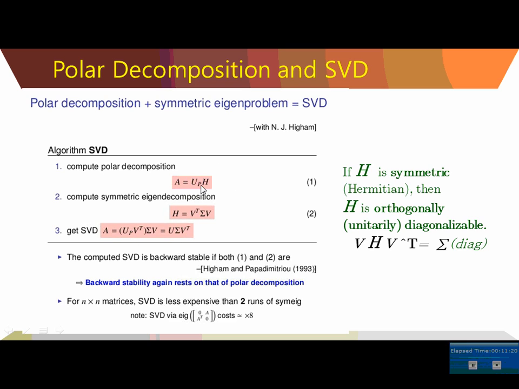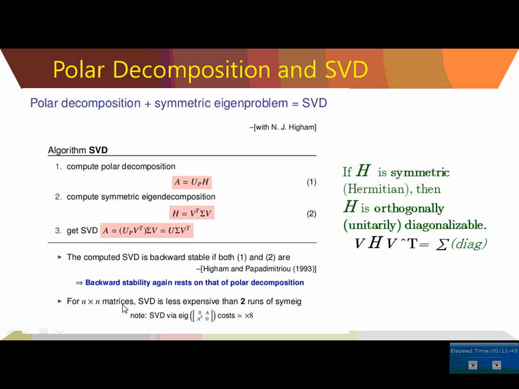So if we have a polar decomposition with the symmetric matrix, then the singular value decomposition can be found easily from there. So we don't have to go through the usual route. There is an alternative way. And the computed singular value decomposition is backward stable if both steps 1 and 2 are stable. These are papers in numerical linear algebra where you can check the details.